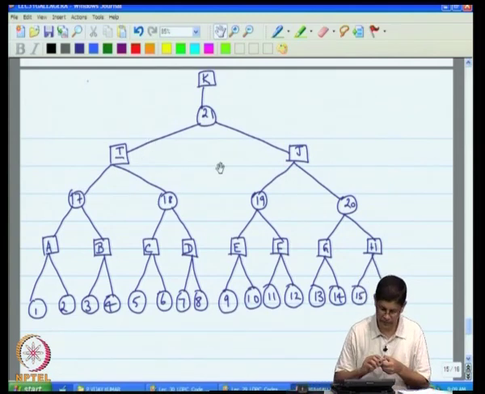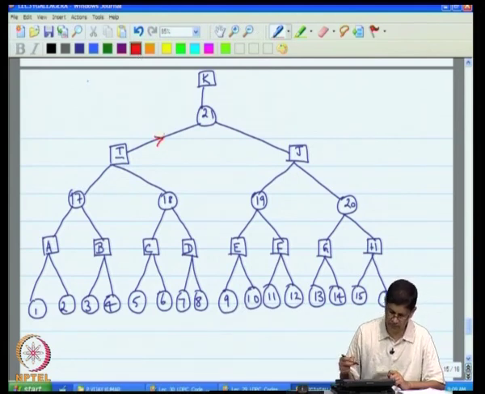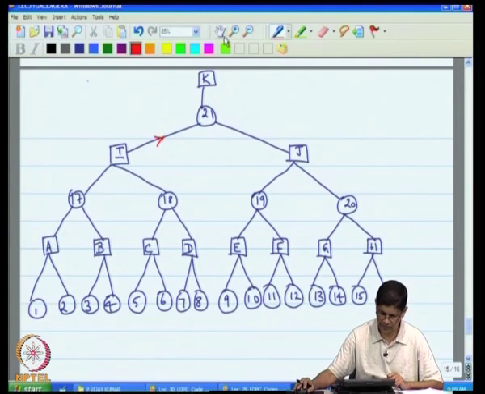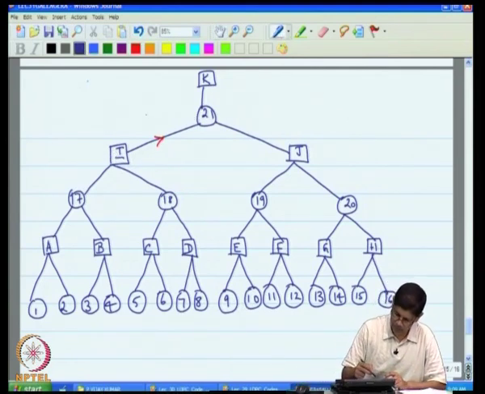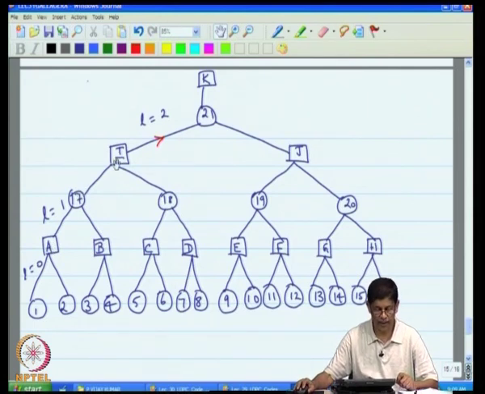For example, the message transmitted here during a certain iteration, so initially let us say there was a message that is passed here, and that on the second iteration there was a message that was passed from here to here. So, I can actually denote that by saying, let us say that this is on L equal to 2, and this was the case when L is equal to 1, and this was the message passed on L equal to 0. Remember that a particular iteration consists of a message from a check node to variable node and then back. Okay. So, this was one iteration, this was the initial phase.